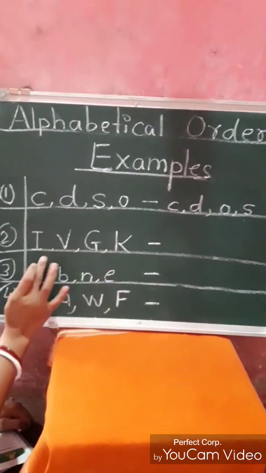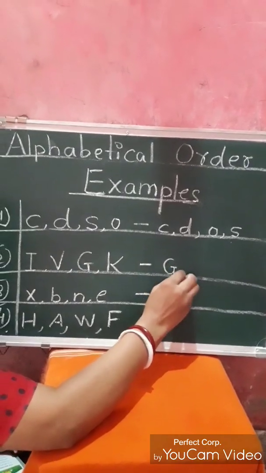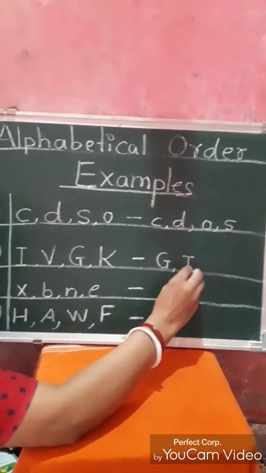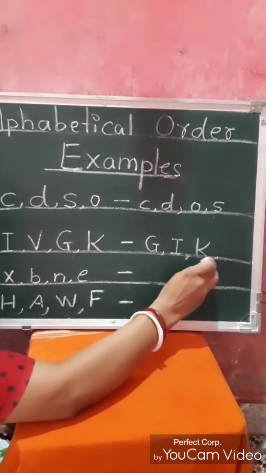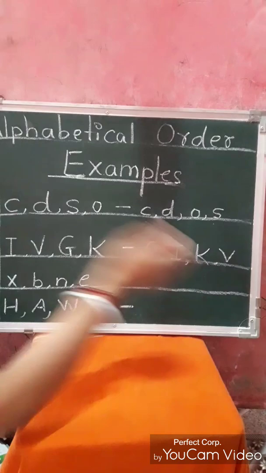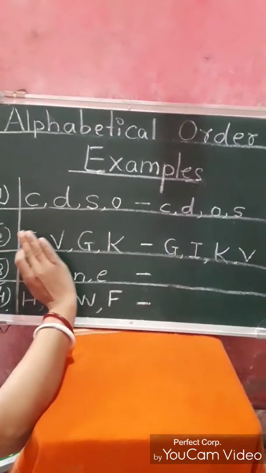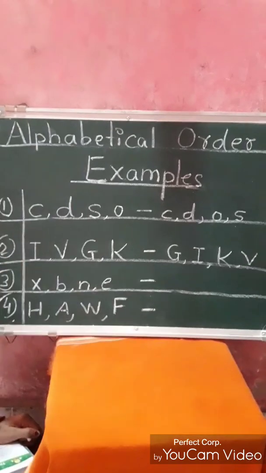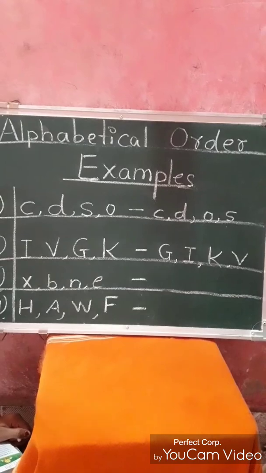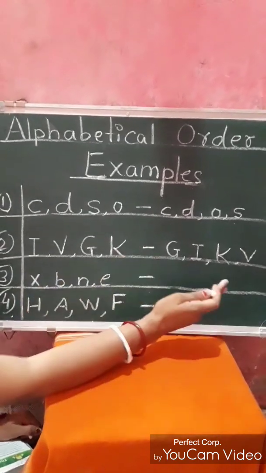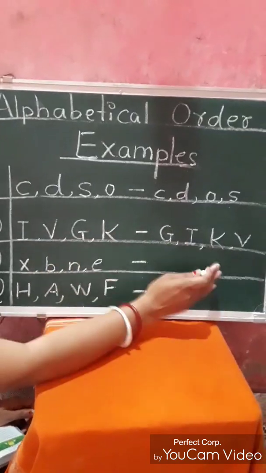Among these letters, G will come first, G after I, after K, and K after B. I want to tell you one more thing: we must be careful while writing on the right hand side in their form.